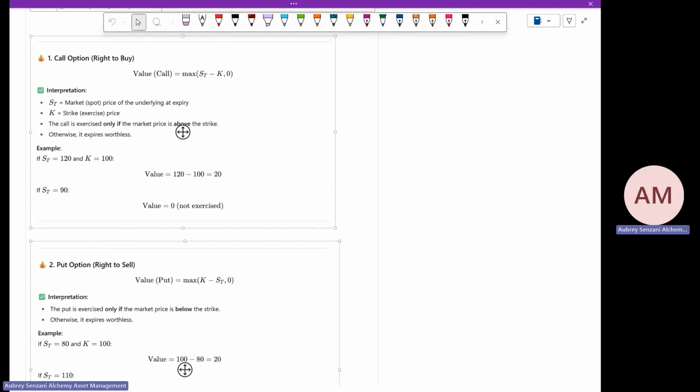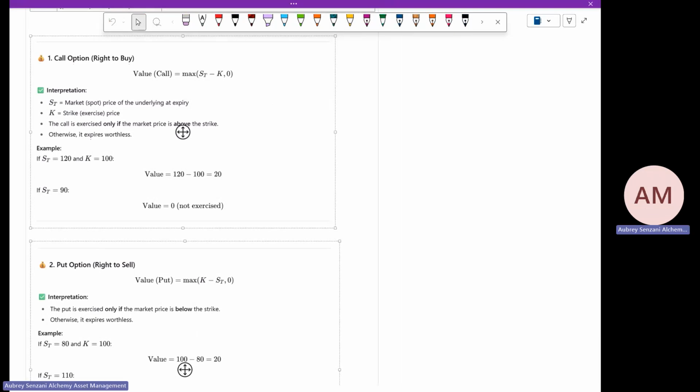So here, we want to calculate: should I utilize or not utilize the option? ST stands for the market spot price, in other words, the share price at the time that you're calculating the value of the option.